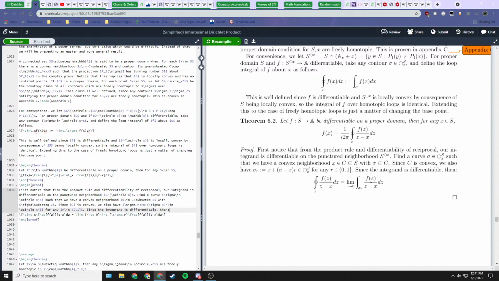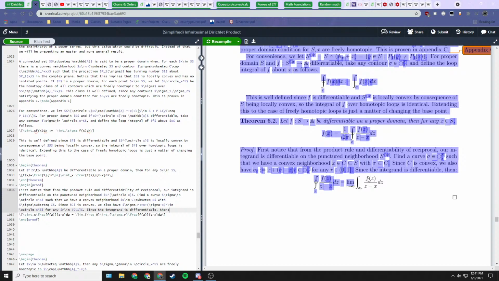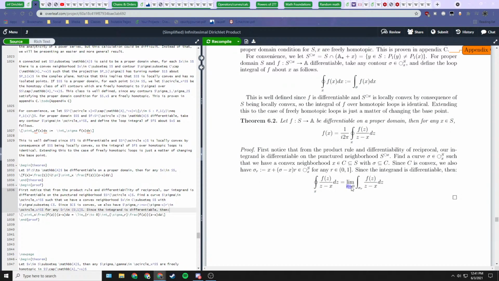Since the integral of a differentiable function is constant over homotopic loops, because the integrand is differentiable, we can actually just take this limit. So each one of these integrals is just a constant. If we take this limit for r, it's just a limit of constants; it doesn't change with r. But what we can do is rewrite this, we can translate this.